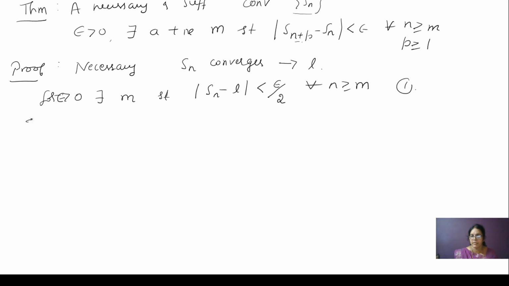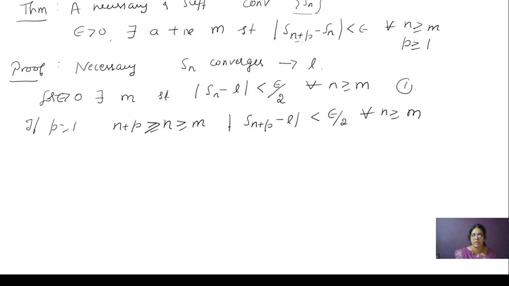Now p is greater than or equal to 1, it is given. So n plus p is clearly greater than n, and n is greater than or equal to m. So modulus of Sn plus p minus L is also less than epsilon by 2 for every n greater than or equal to m. Why is this?